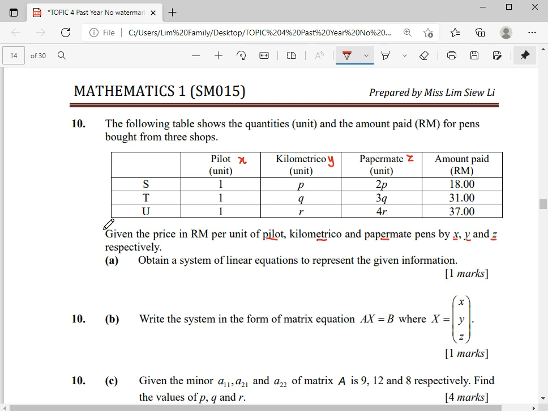If the question doesn't give you the notation, you have to state it yourself: what's your X, what's your Y, what's your Z. Then only we will understand what you are writing for your equation.